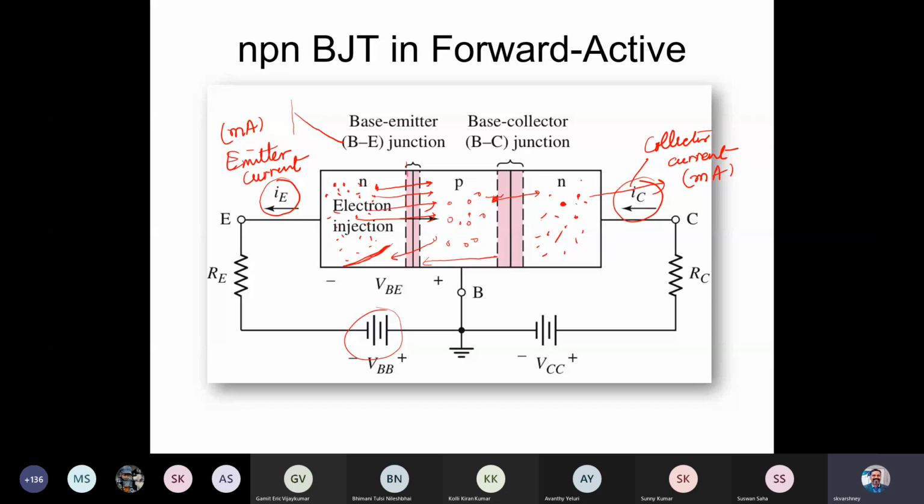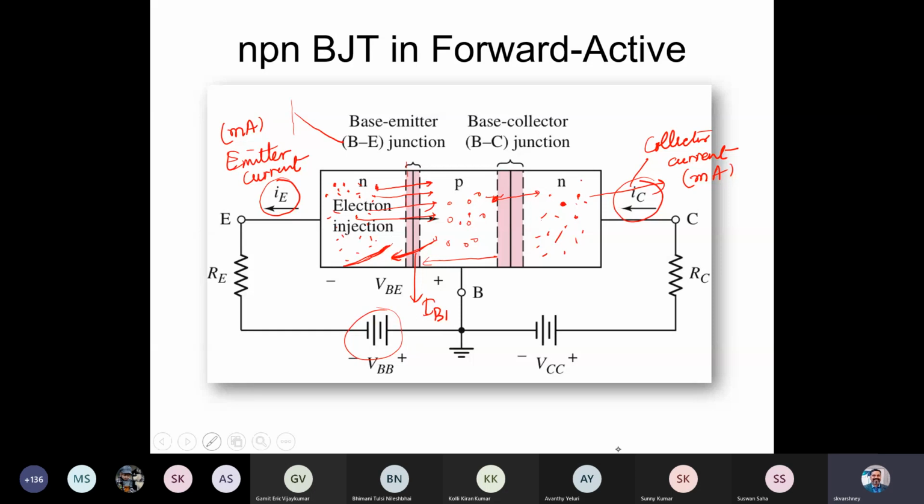That constitutes one component of the base current, and they become minority carriers in the n side, because it is n type. So that constitutes one component of the current, which we call IB1.